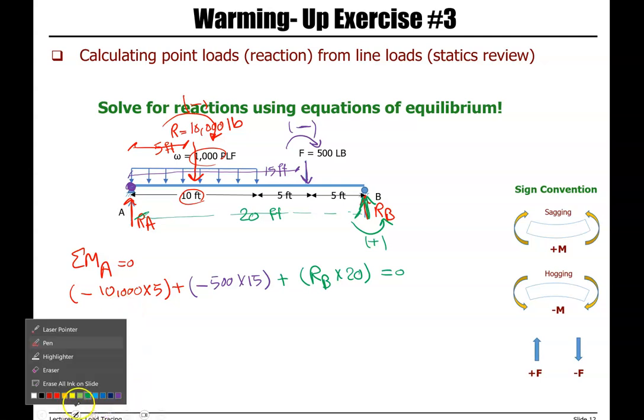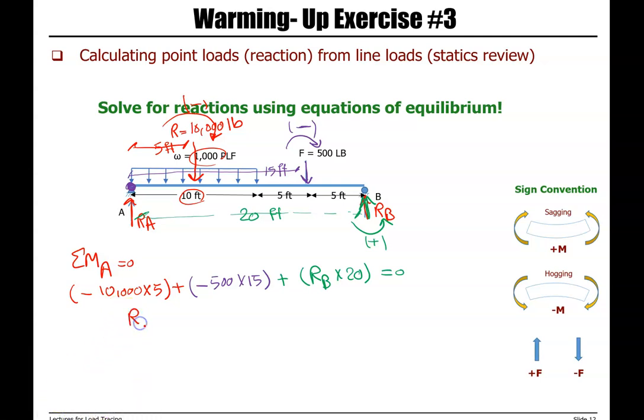And you can solve for RB as 10,000 times 5 plus 500 times 15 divided by 20. Then you need to write down sigma Fy is equal to 0.